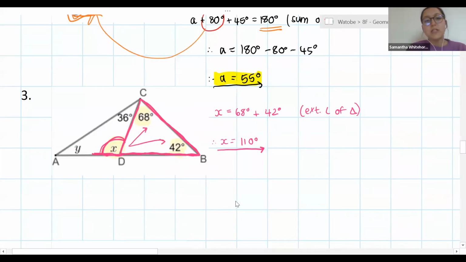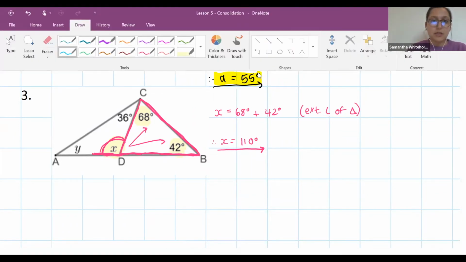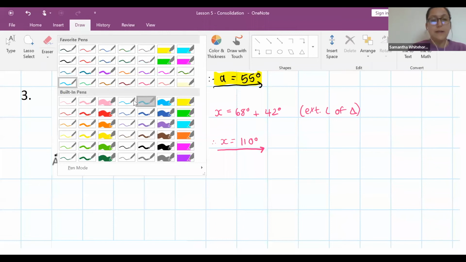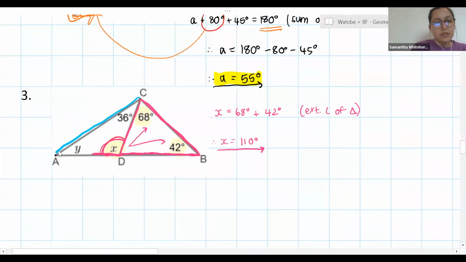All right, then to get Y, again, lots of different ways we can go and find Y, but the way I see it, you might see it a bit differently, is the fact that Y, and I actually want to get a thicker marker here so that we can see what's happening, is within this triangle ABC, so the big blue triangle.